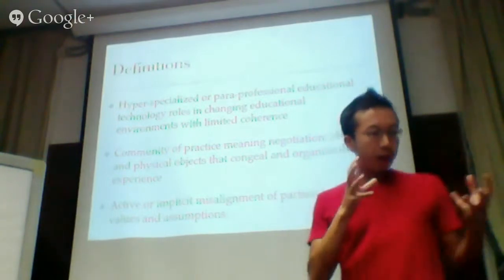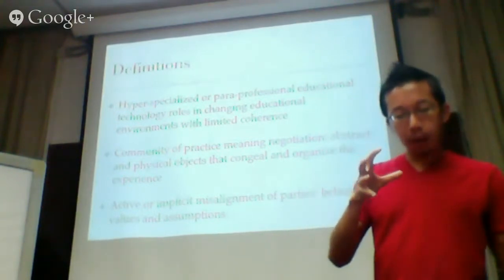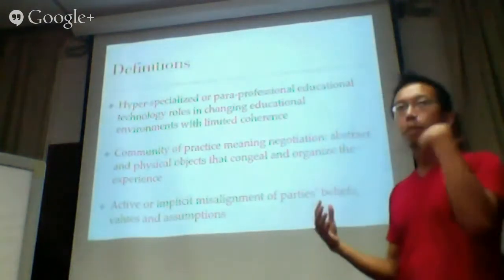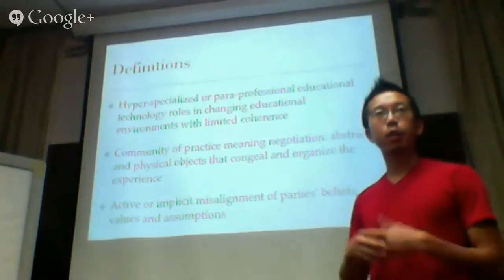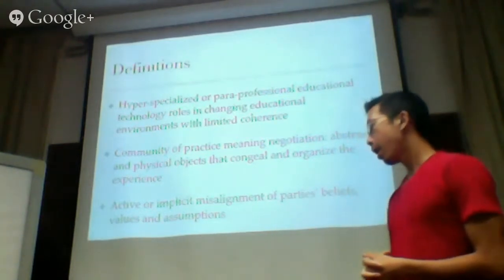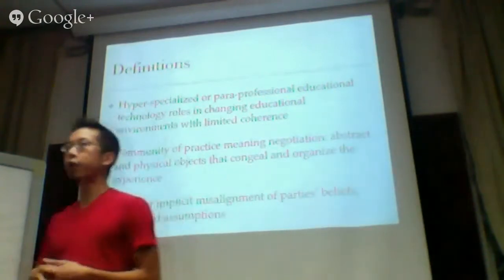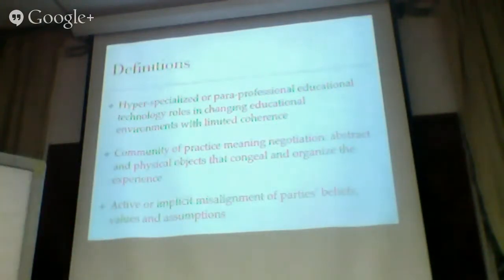And that I associate with a community of practice framework where people practice and they negotiate meaning, and what is produced from these negotiations are reified products. They can be abstract and physical that congeal and organize the experience.